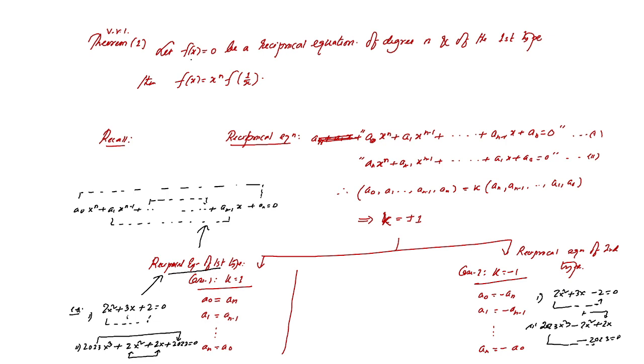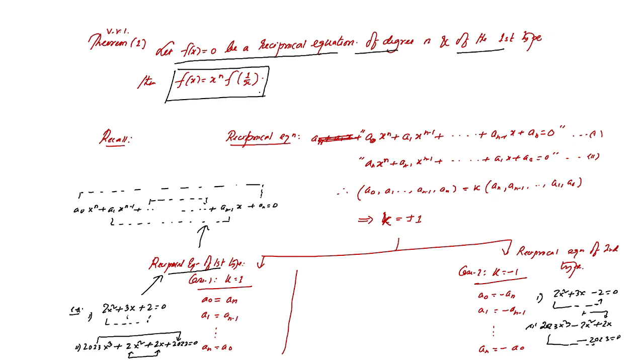So what is written in the theorem? If f(x) equals 0 is a reciprocal equation of degree n and of the first type, then the relation holds: f(x) equals x to the power n f(1/x). That result is very, very important.